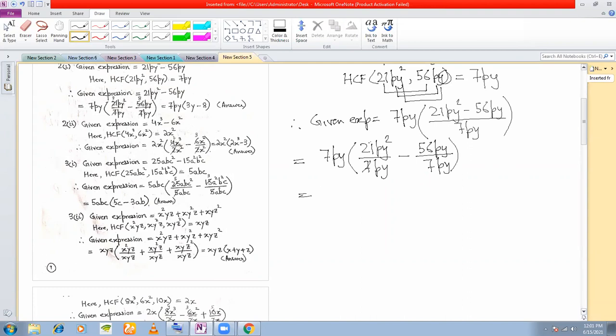Okay, so 7 and 3 will cancel, p and p will cancel, and you simply have y to the power of 2 minus 1, minus, this will cancel 8 times, p and p will again cancel here, and y will also cancel. So you're only left with 8. So what you are ultimately getting is 7py into 3y minus 8, and that is your answer. So how many factors are there? There are 4 factors. First factor, second factor, third factor, and the fourth factor. So there are 4 factors. Okay, any questions still in this part?